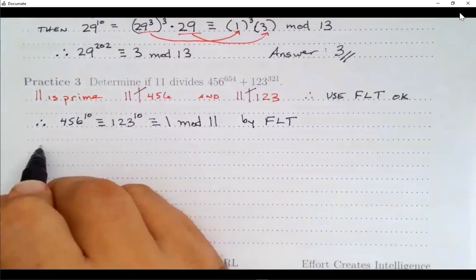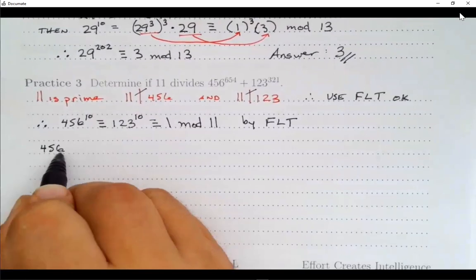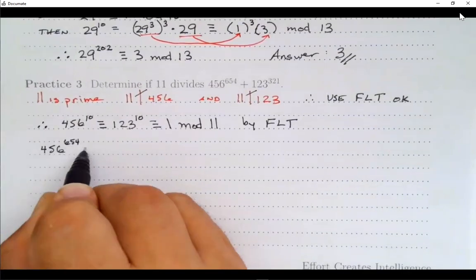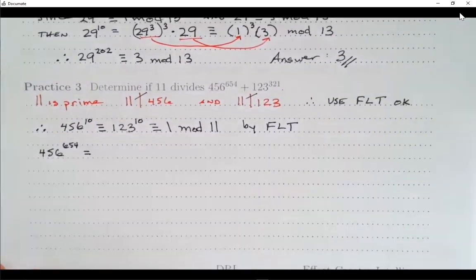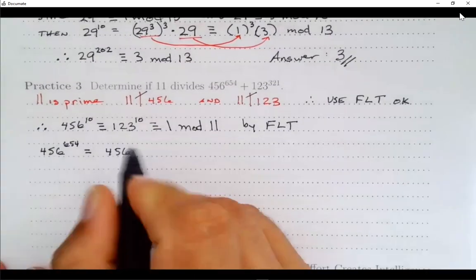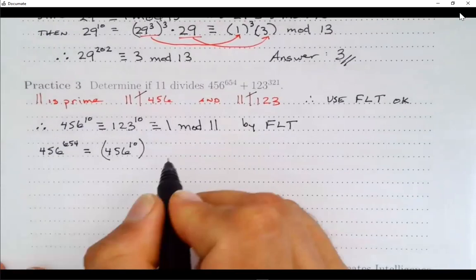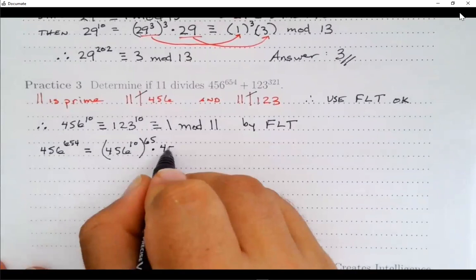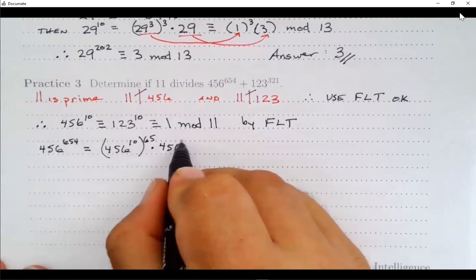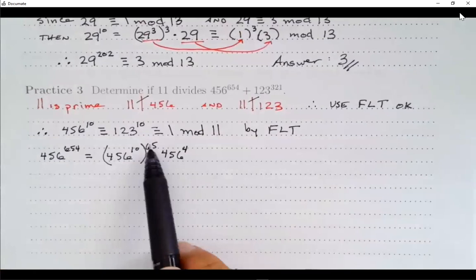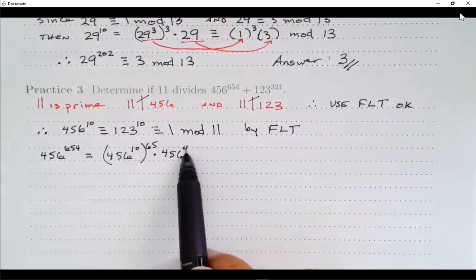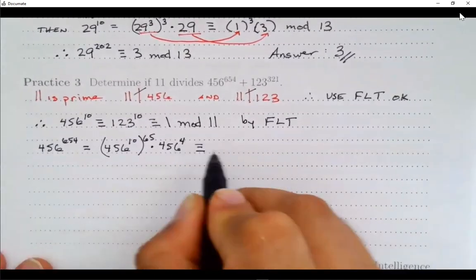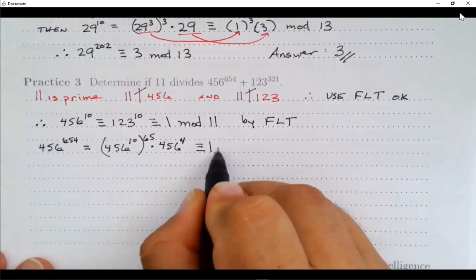Well, here's what I can do. 456 to the 654th power is equal to 456 raised to the 10th power, all raised to the 65th power, times 456 raised to the 4th power, because 10 times 65 is 650, and then plus 4, using my properties of exponents. And I know that that's going to be equivalent to 1 mod 11.